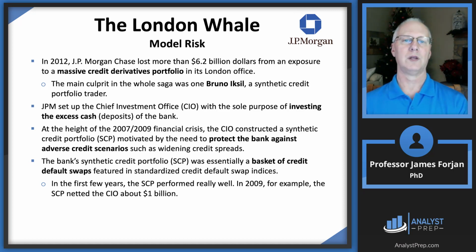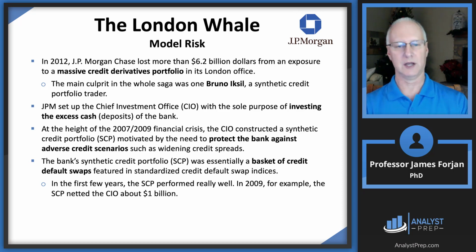And so what JP Morgan Chase tried to do was they wanted to invest the excess deposits of the bank. What this Iksil guy did was that he constructed a synthetic credit portfolio using put-call parity among other models to protect the bank against adverse credit scenarios, in particular widening credit spreads.